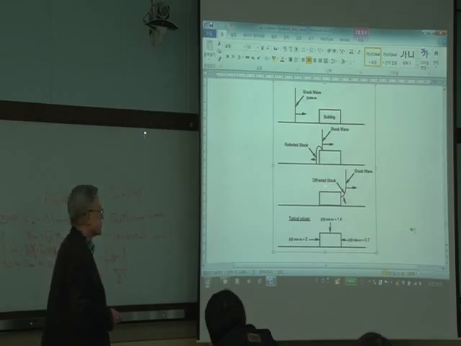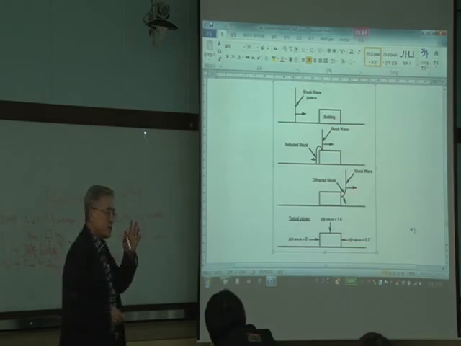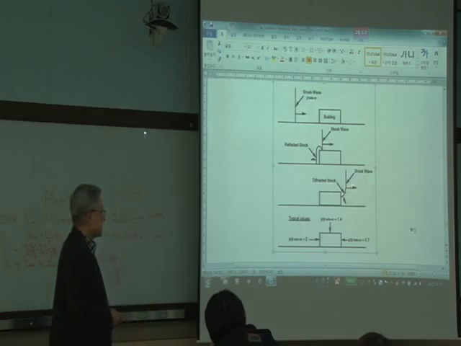This is called the diffraction wave, D-I-F-F-R-A-C-T-I-O-N. A diffraction wave wraps around. For example, in the dark evening, when you put a flashlight along here and you stand down here, it is not total darkness, but you can really see things around. This is due to the diffraction wave, and it all keeps moving on, okay?